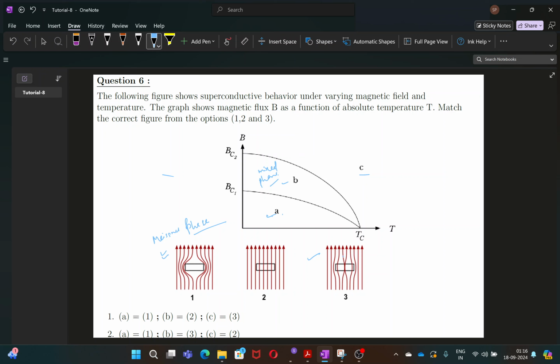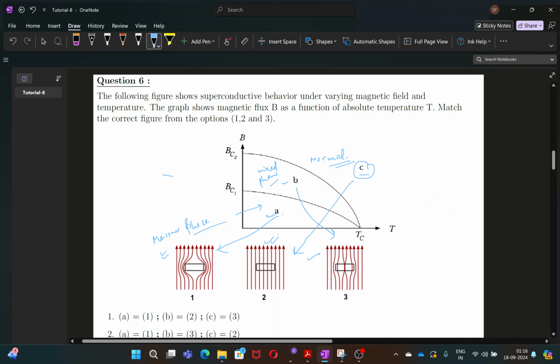So in other terms, superconducting material. So basically, this A is your Meissner phase, this is your mixed phase, and in this phase that is beyond this BC2, this has become normal. So this is the C regime. In the normal state, all the field lines will be very easily penetrating the material. Then it will be option number 2. So your A will have a picture like this, B will have a picture like this, and C will have a picture like this.